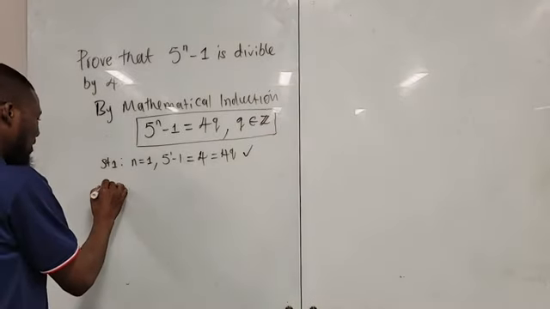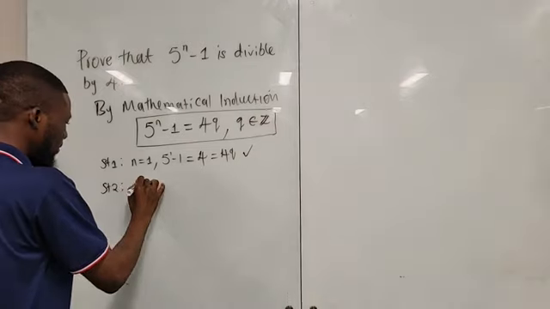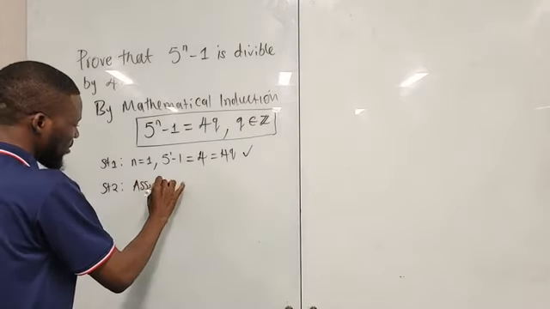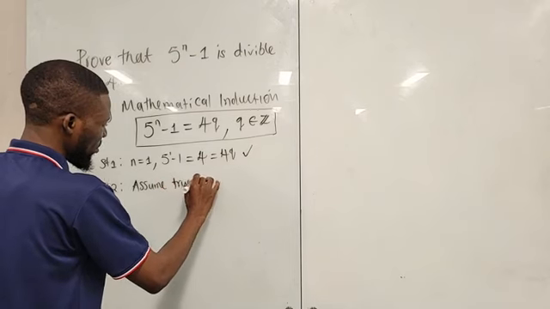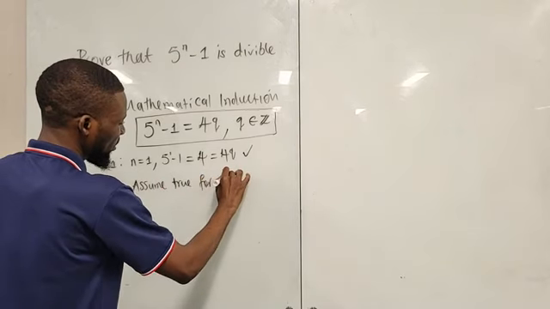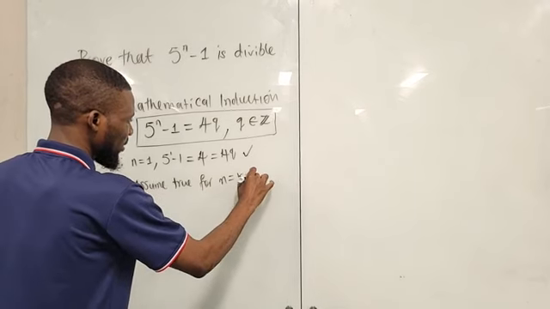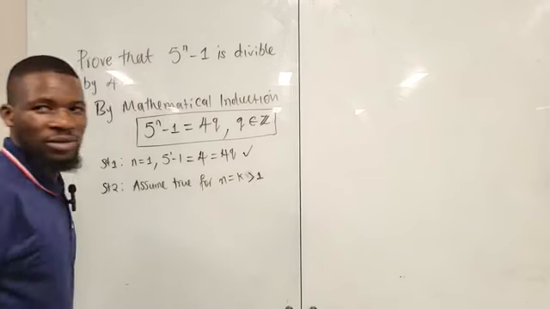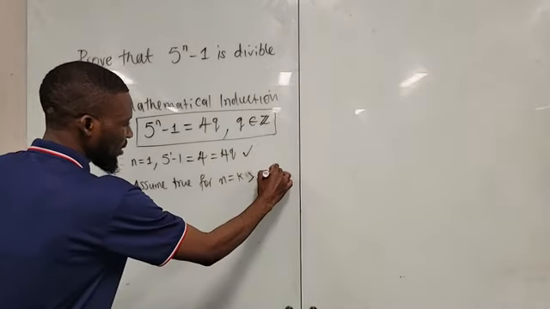Then our next step, step 2, we assume true for n is equal to k, which is greater than, let's say, 1. So remember, k is just a natural number.